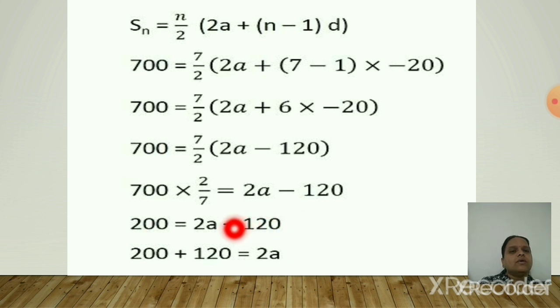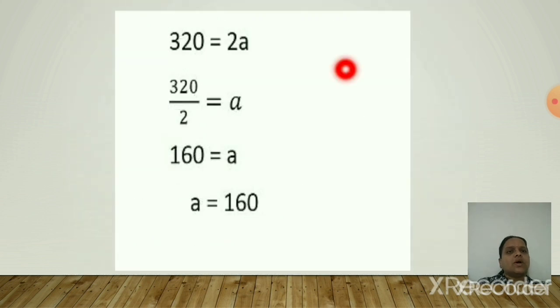If you shift minus 120 to the left hand side, you will get 200 plus 120 equal to 2a. So 200 plus 120 will become 320. So 320 is equal to 2a. So 320 upon 2 equals a. So we are getting the a value as 160.